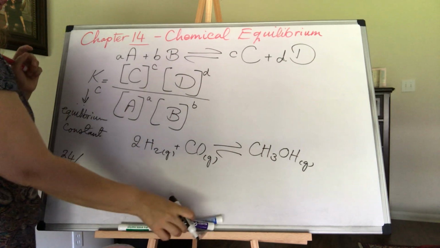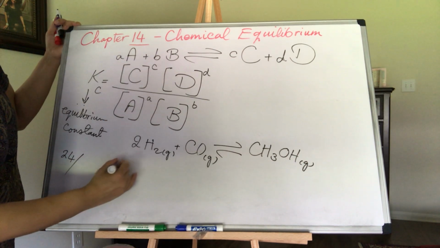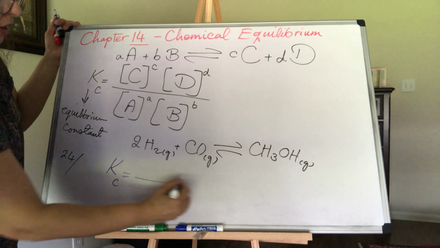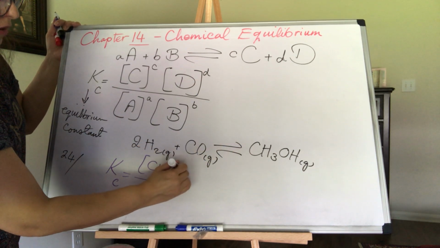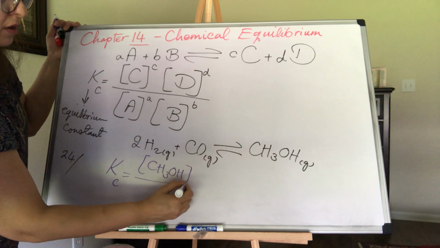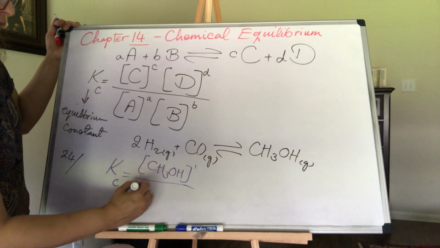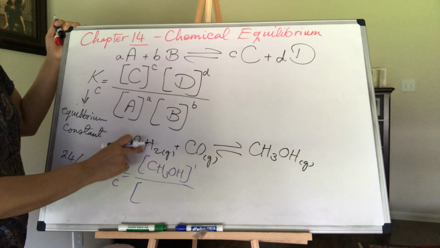So for the Kc expression, we said it's the ratio of the molar concentration of products. You just have one product here. What is the power? 1, because the coefficient is 1. You don't write it. And then the molar concentration of reactants to their powers.